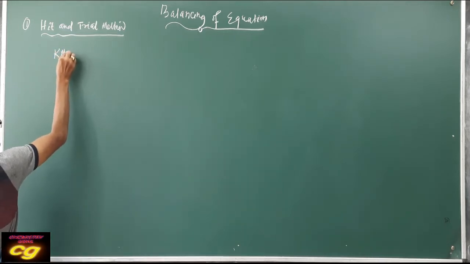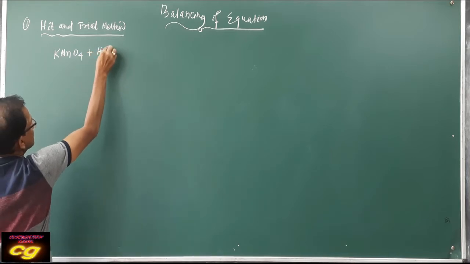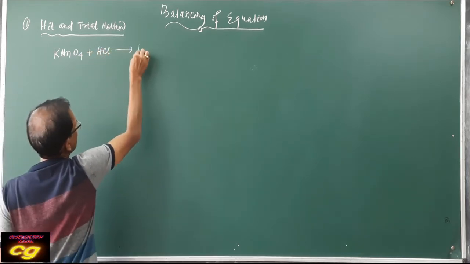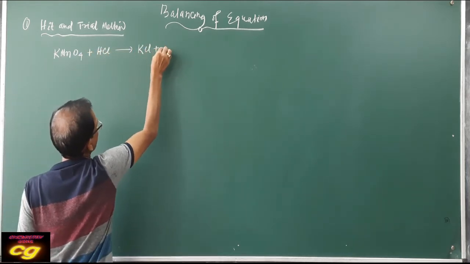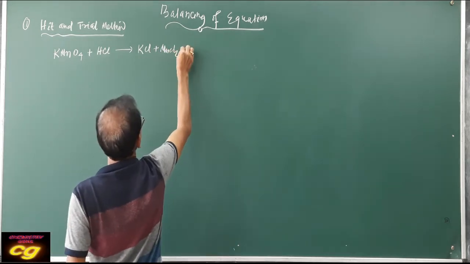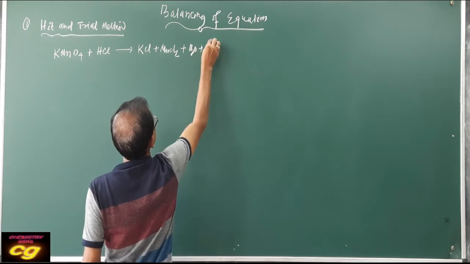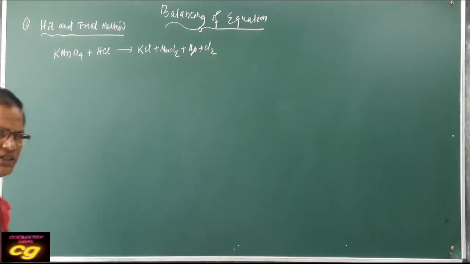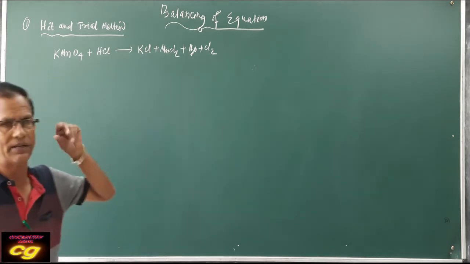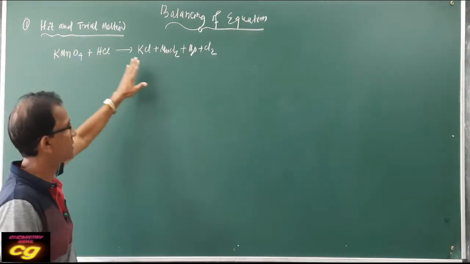Suppose the example is like this: KMnO4 reacts with HCl forming KCl plus MnCl2 plus water plus Cl2. This is your chemical equation, but it is not balanced. How can you balance it by the hit and trial method?